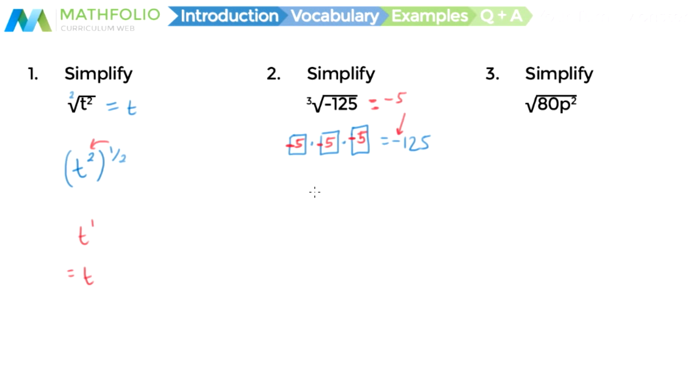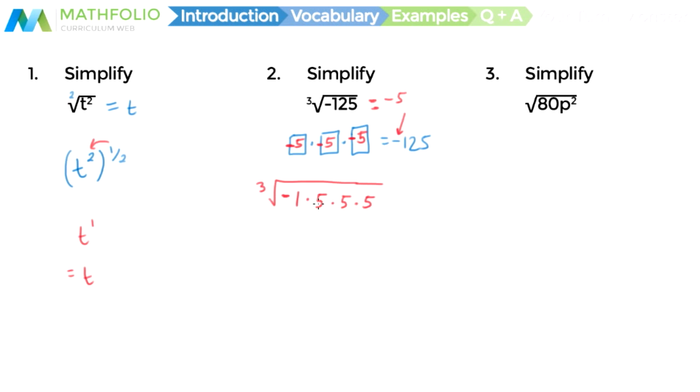Now if we ever get lost with this, what we can do is zoom in and focus on what's underneath the radical, and we can think, well, negative 125 is really negative 1 times 5 times 5 times 5.